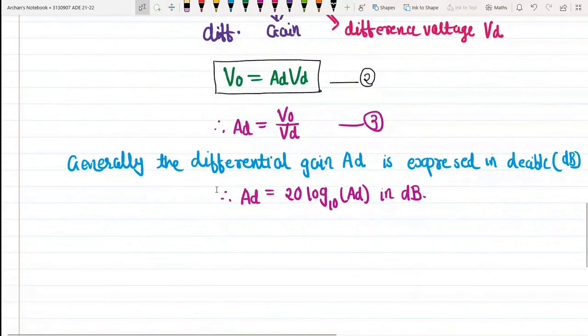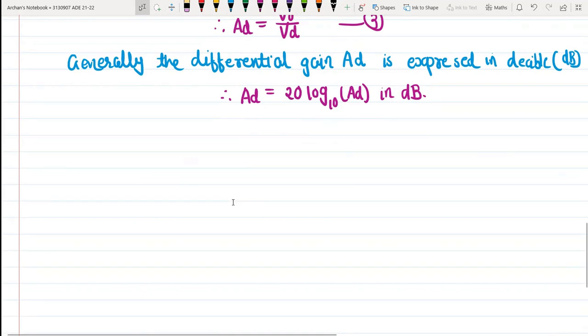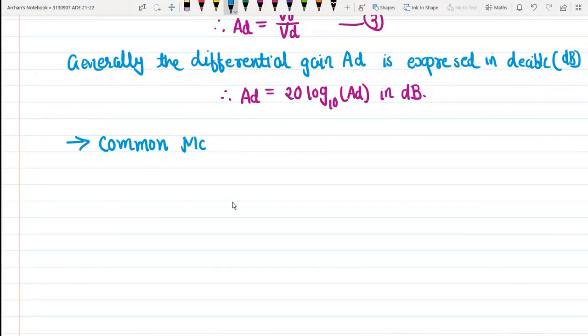This is not the only gain associated with this difference amplifier. We were talking about the differential gain. Similarly, we have to consider another kind of gain, which is known as common mode gain. There is one more gain associated with the amplifier circuit, which is common mode gain, and it is denoted by A suffix C. Now let us try to understand this common mode gain.